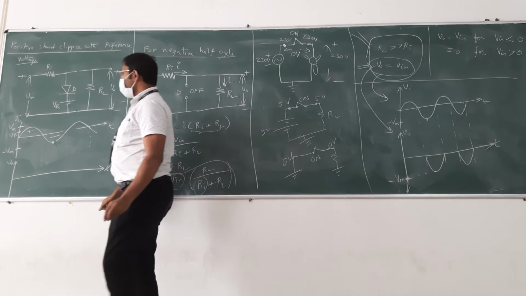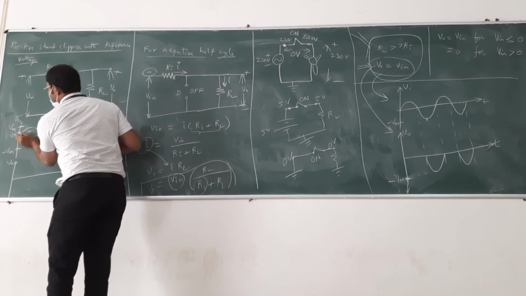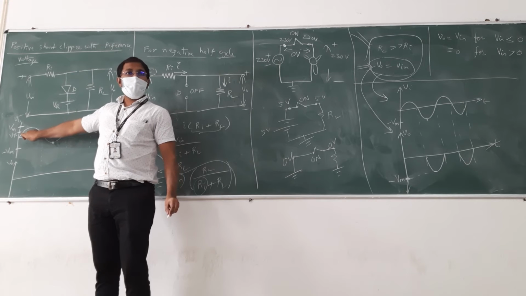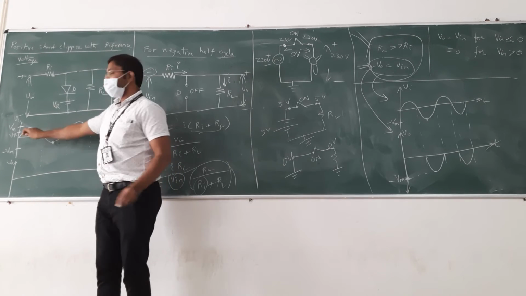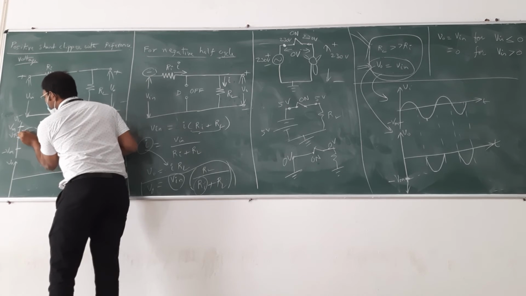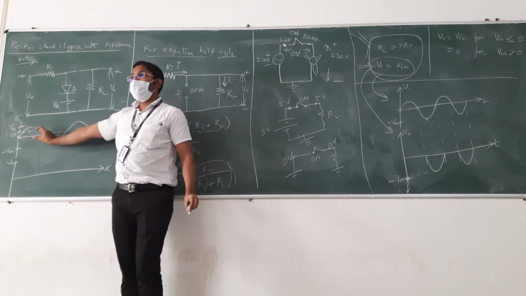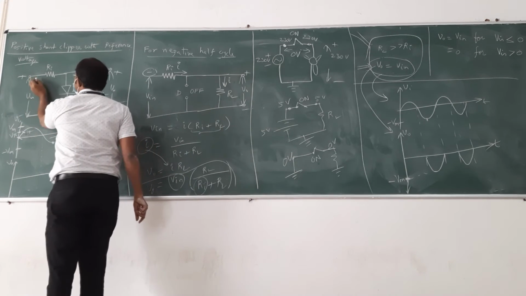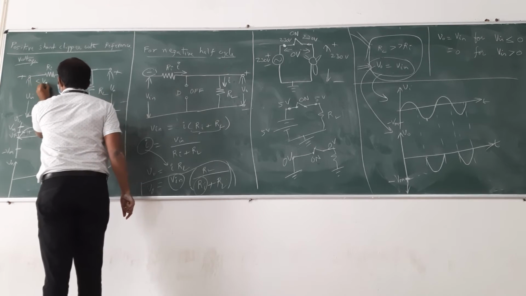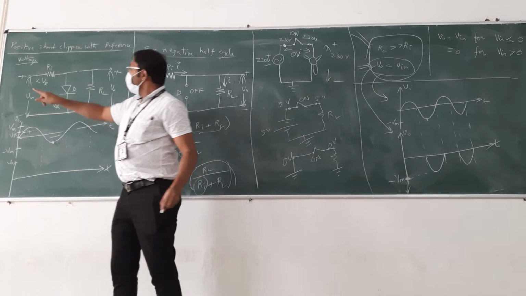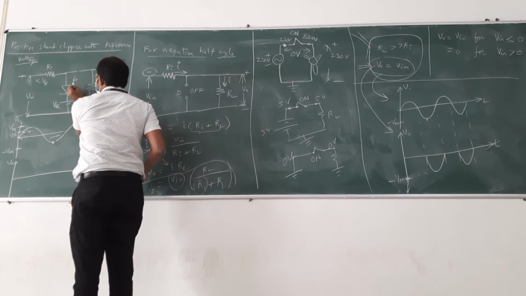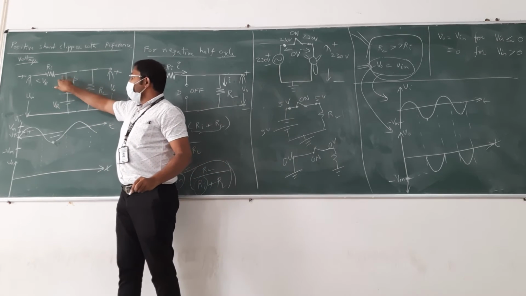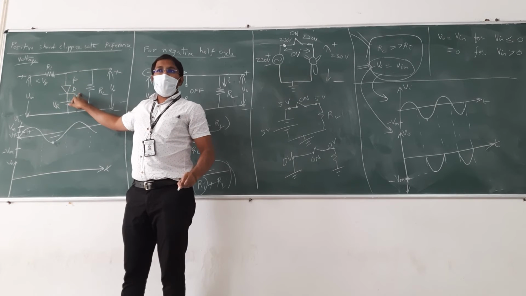Now what will be the situation from here to here? From here to here, Vin is less than VR. From this point to this point of the waveform, this small duration, the voltage here is less than VR. Voltage at the P side is less than the voltage at the N side.